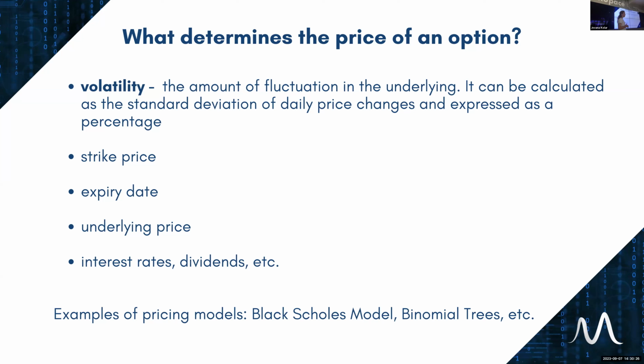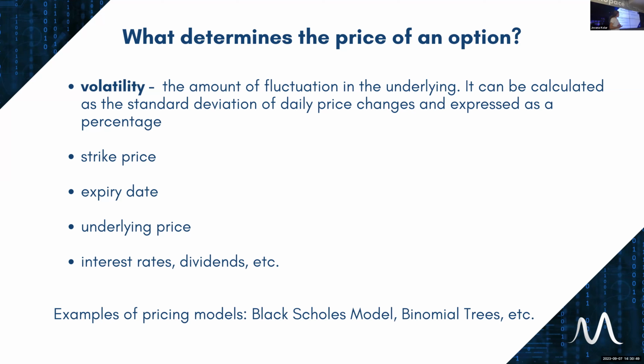So volatility is a key input in many pricing models, and it's the thing that traders often have an opinion on when trading options. So the higher the volatility, do you think the option price is worth more or less? There's more chance that it will end up in the money, so it will be worth more.